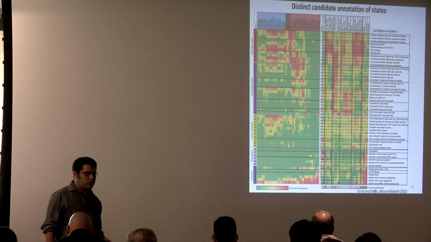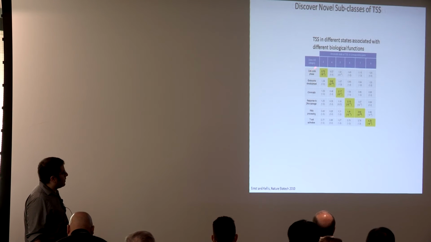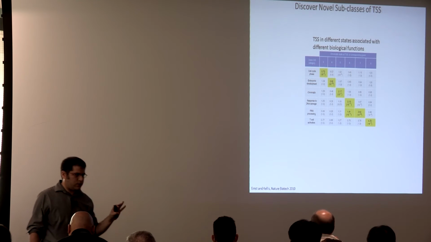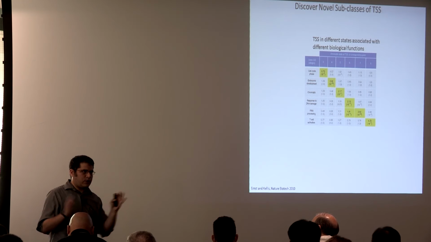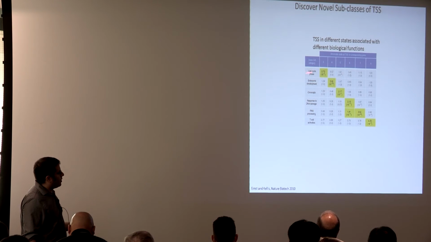And then just to illustrate the importance of this de novo approach, for example, if somebody beforehand was saying, I was just interested in promoters, and you built some supervised method just to build a predictor of promoters, you might have missed the fact that we had a number of different states that were heavily enriched for promoter regions.